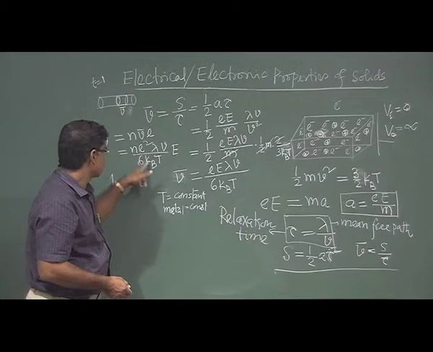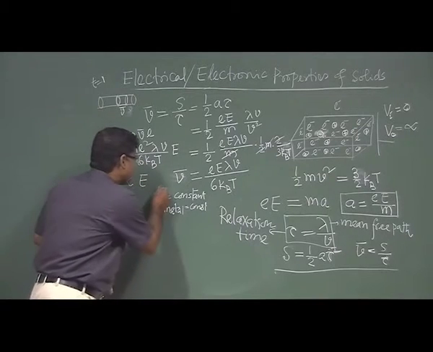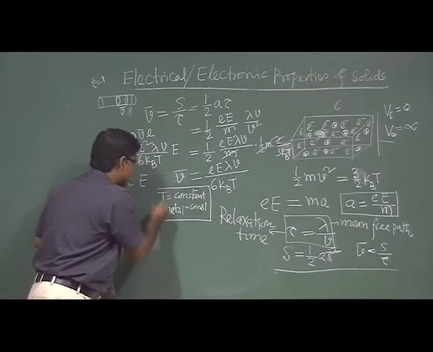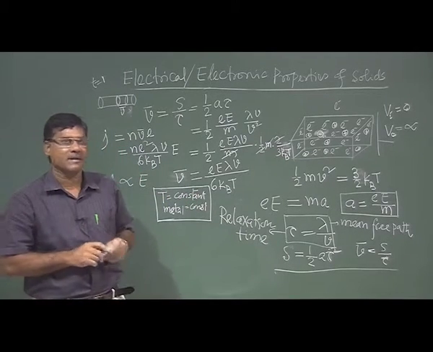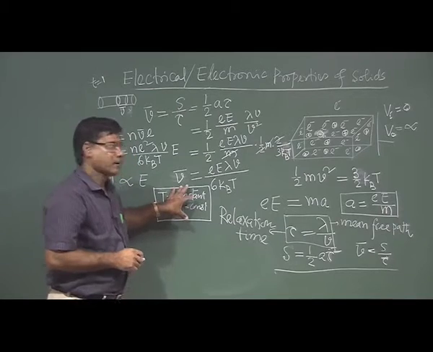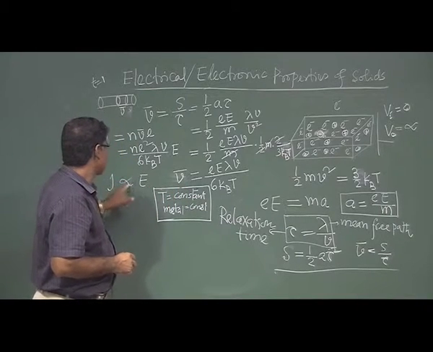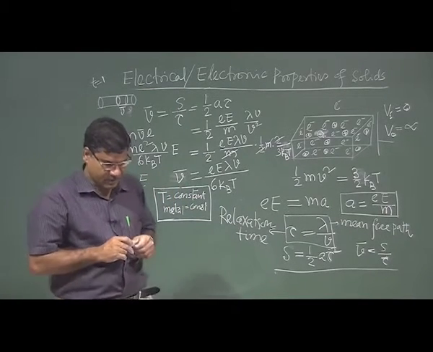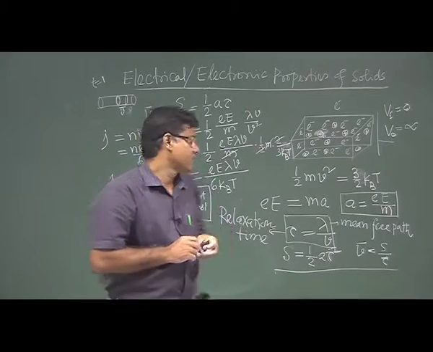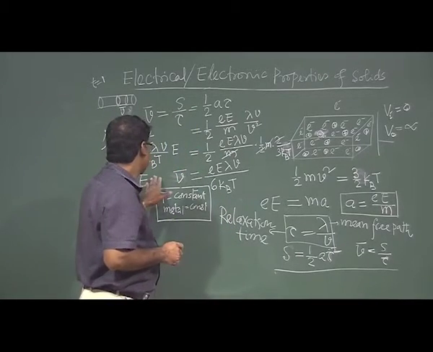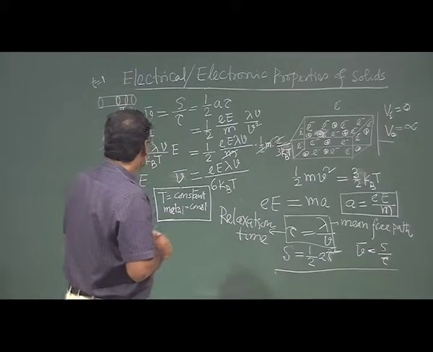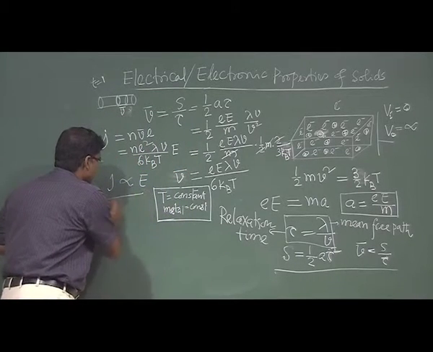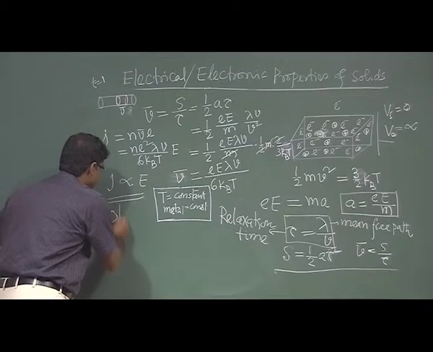So, these are constant. Under this condition, and this is very important, I emphasize this point, J is proportional to E: current density is proportional to electric field, right. So, this is nothing but Ohm's law.